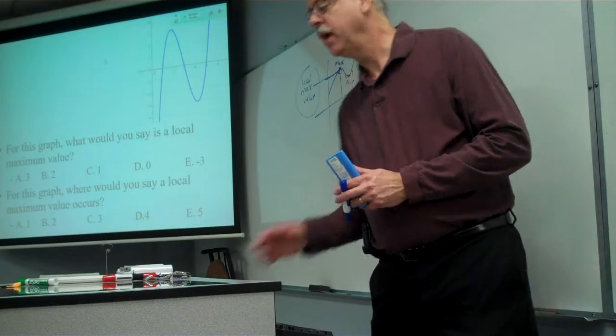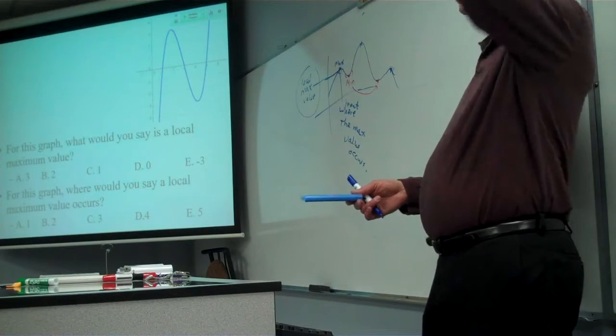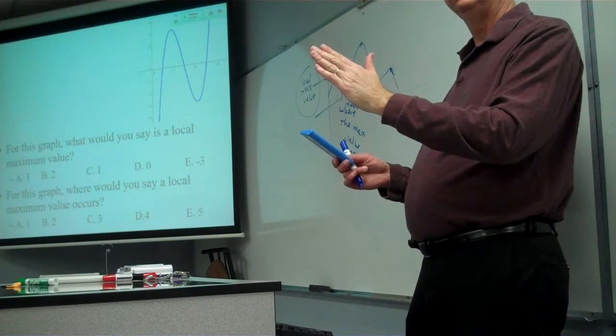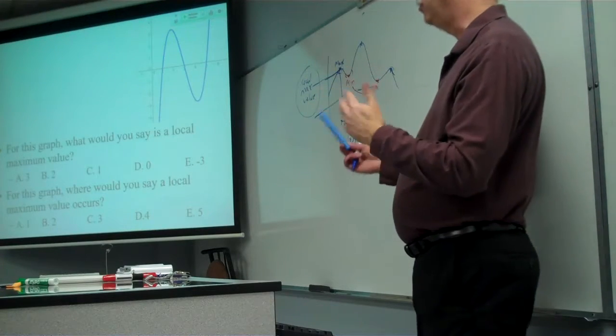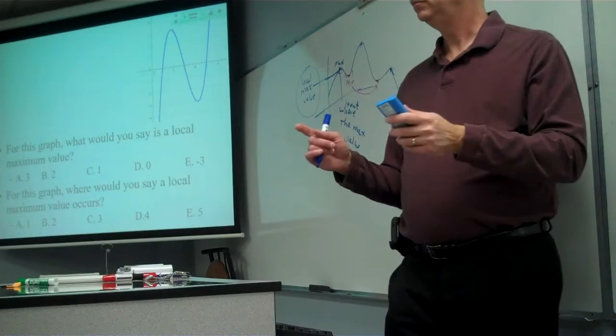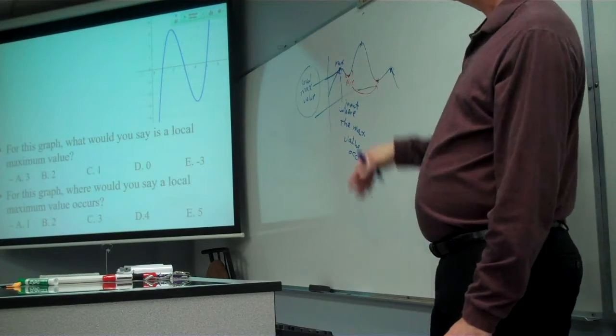So from the graph, we can make those determinations. We can spot and see that the maximum value is the actual height. The where it occurs is the input value. And we're interested in both, but we have to be sure not to confuse the two. So there's what is the highest peak, or what is the peak, and where does the peak occur?